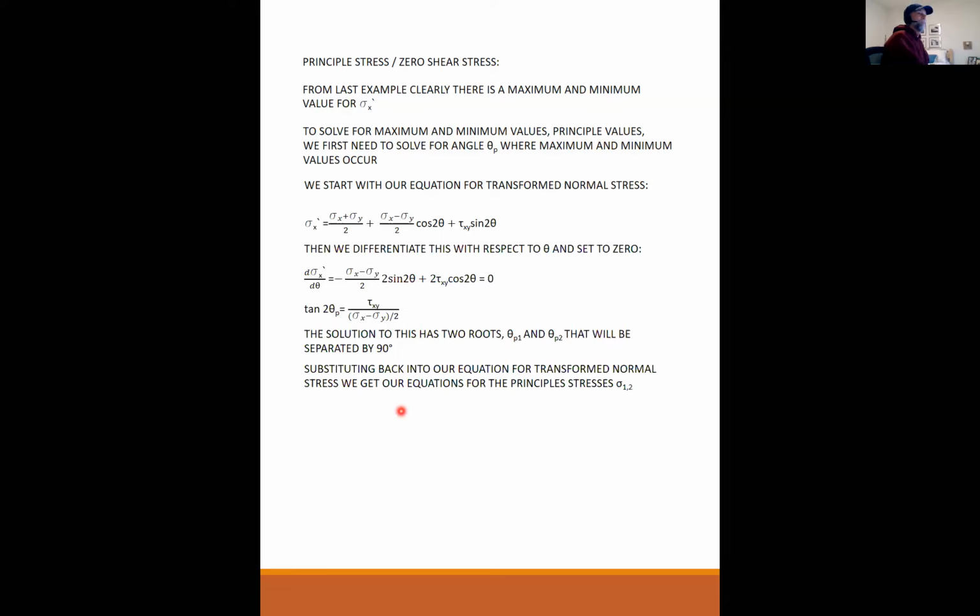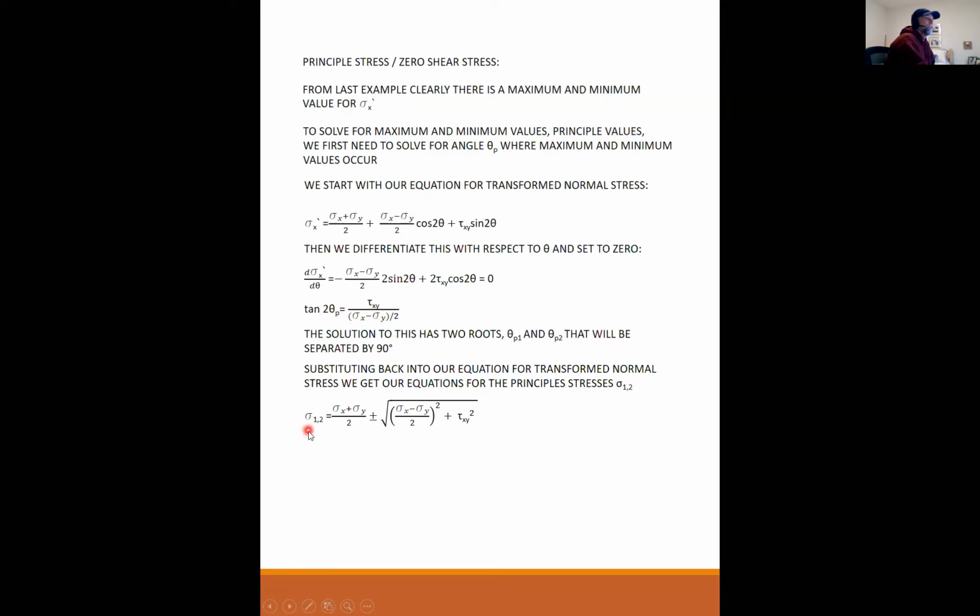If we substitute back into our equation for the transformed normal stress, we get our equations for the principal stresses, sigma 1, sigma 2. So in other words, we take this theta here, and we take this lump and shove it back into this equation, then we can solve for this.